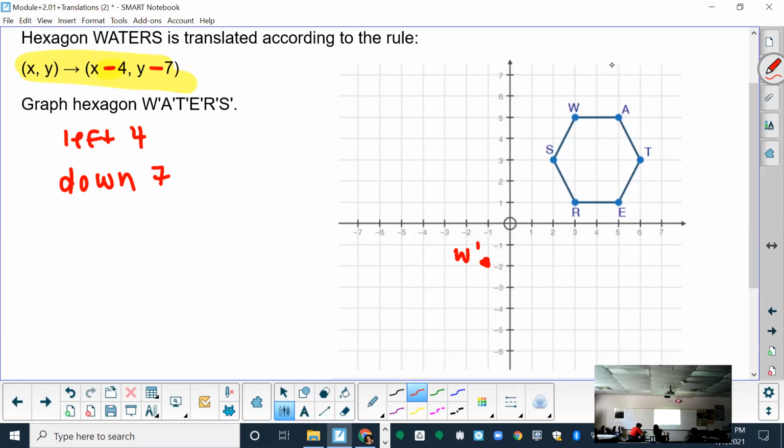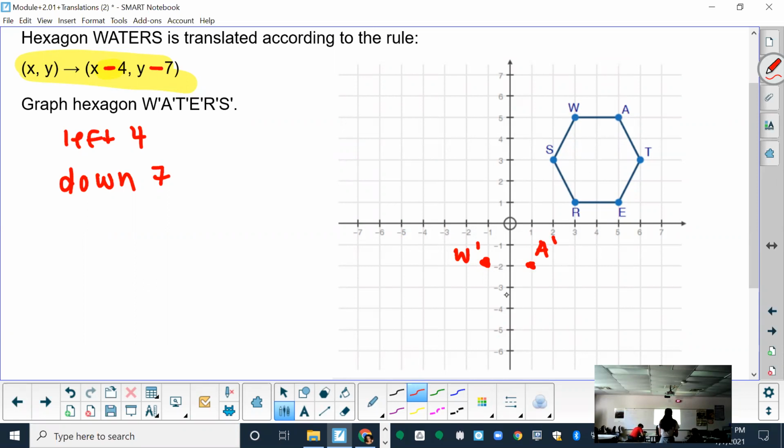If you move each point according to the rule, then you should have the following. So moving left 4, down 7 gives you A prime.